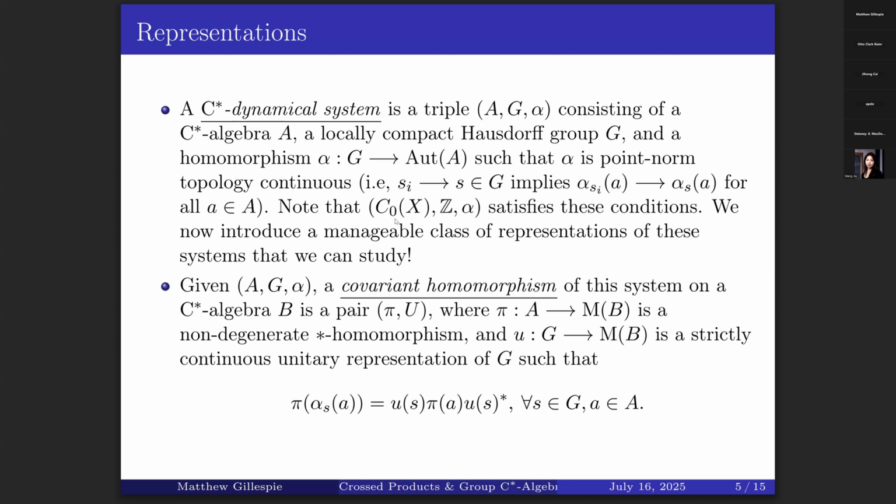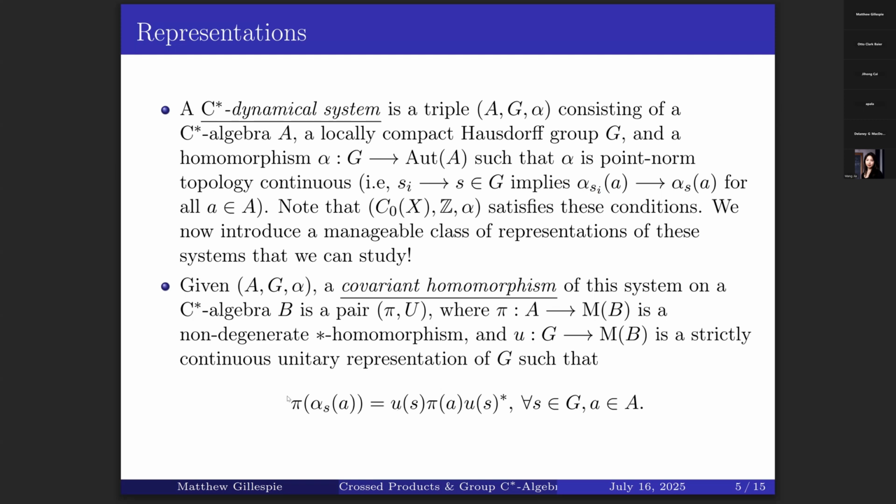So in particular, the action alpha is potentially very unwieldy, and what a covariant representation, or covariant homomorphism, is doing is the following. When I apply pi to alpha, in the image pi of A what it looks like is simply a unitary conjugation.